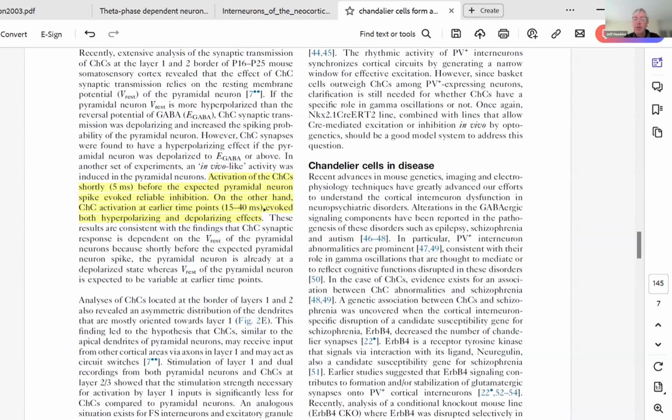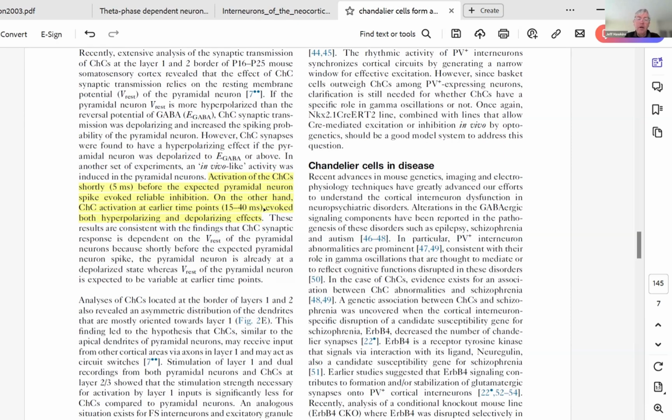The idea here is it's similar to timing-dependent plasticity. This seems to be like a timing-dependent spike formation. It suggests that the chandelier cells may be just changing when the pyramidal cell actually generates a spike, and it would be a way for getting pyramidal cells to all spike at the same time.